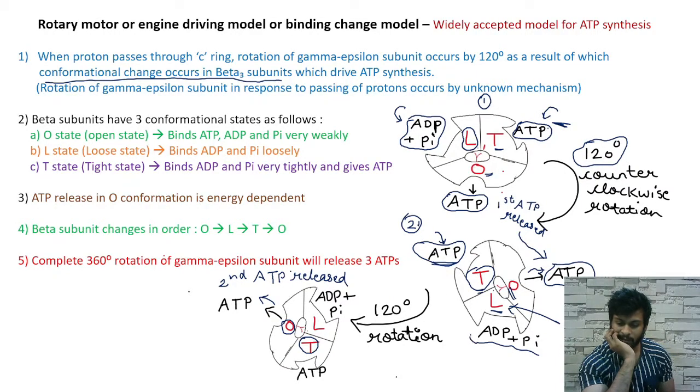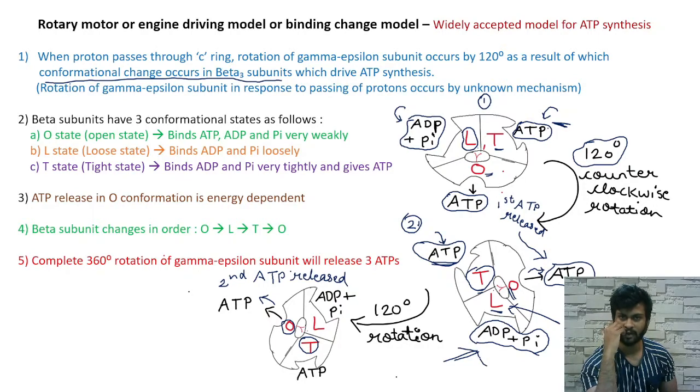Previously there was ADP and inorganic phosphate at L state conformation. Due to rotation, it is getting converted to T conformation. In T conformation, this ADP and inorganic phosphate will be tightly associated, due to which ATP will form. And the L state which is left, we know that ADP and inorganic phosphate will come and bind to it weakly.